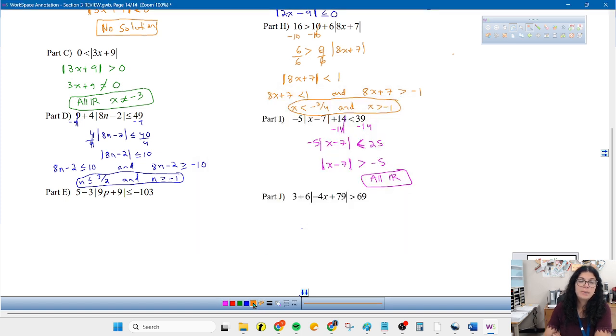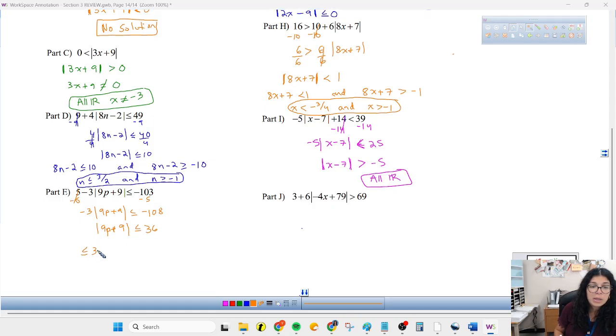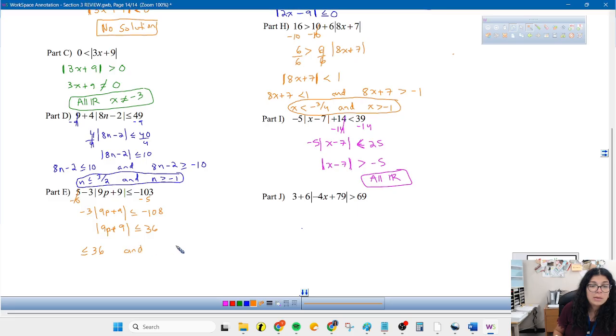All right, part E. Start by subtracting 5. And then negative 108 divided by negative 3 is going to be positive 36. So where is the distance going to be less than 36? Well, in between 36 and more than or equal to negative 36.